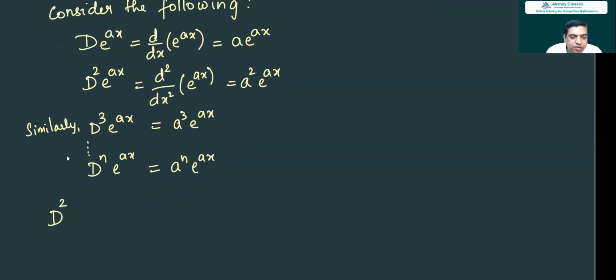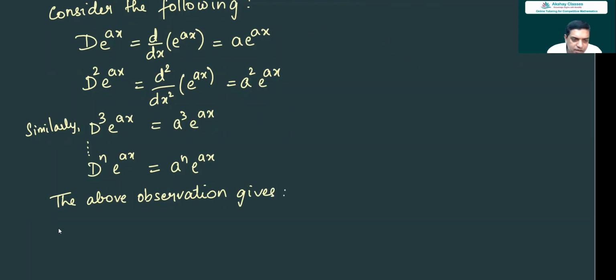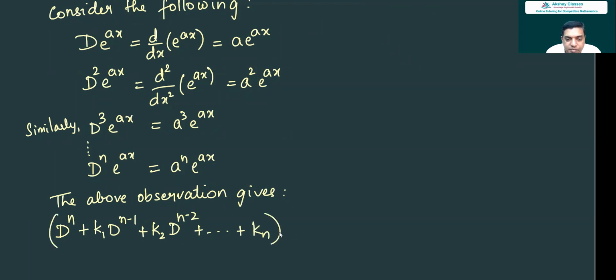Okay. So now we can see this because this is so. So the above observation gives d power n plus k1 d power n minus 1 plus k2 d power n minus 2 plus kn times e power ax will be equal to, d raised to the power n operated on e power ax will give us a power n times e power ax.